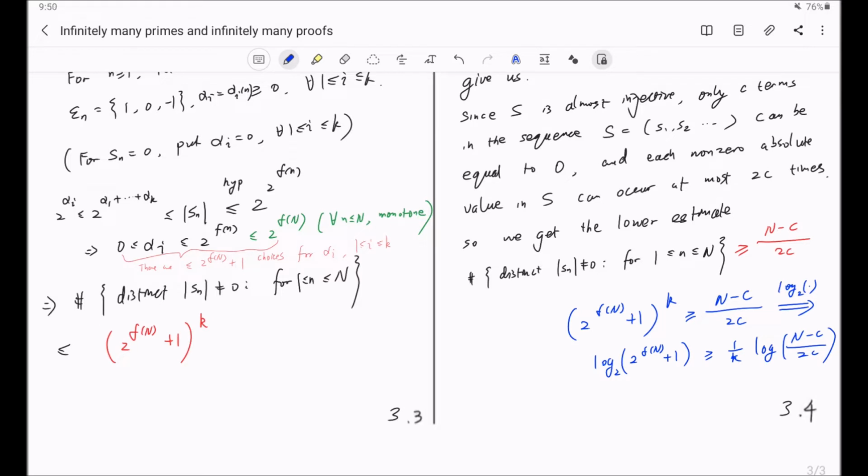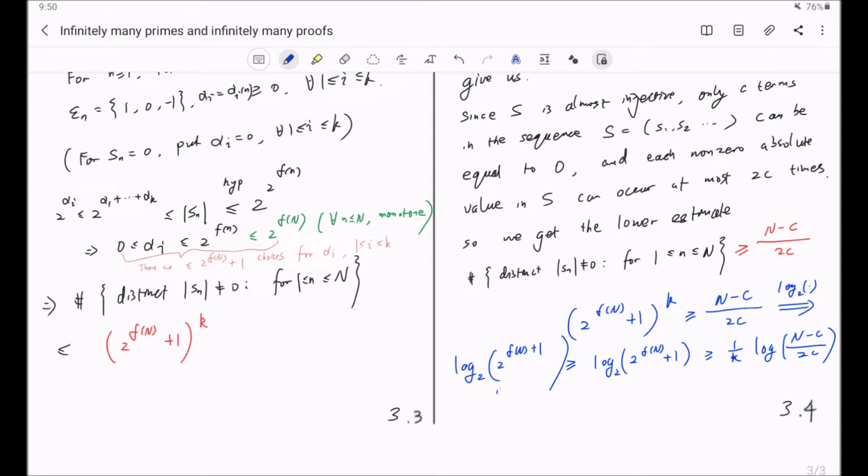But now if you look at the left hand side, in order to use the base 2, you want to majorize this guy to 2 raised to the power f of n plus 2 raised to the power f of n, which is simply 2 raised to the power f of n plus 1.